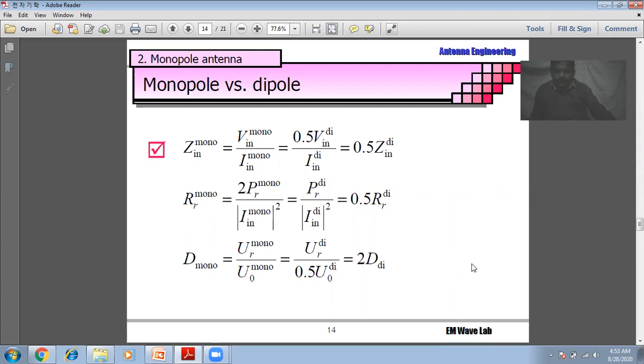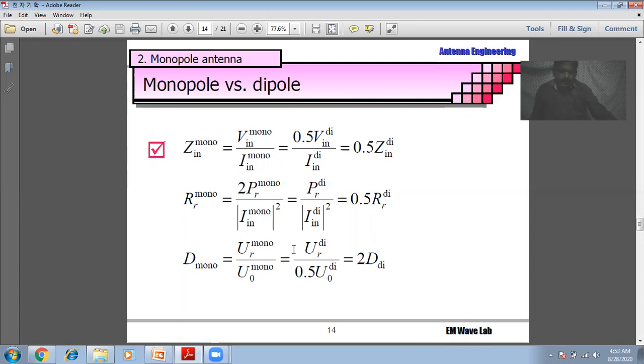Since the length is made half of the dipole antenna's, the radiation resistance also becomes half. So 73 ohms divided by 2 becomes 36.5 ohms for the monopole antenna.